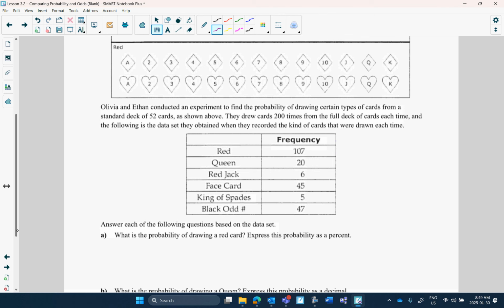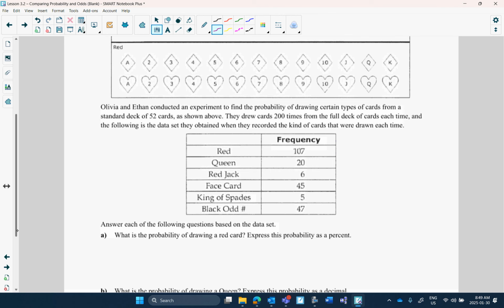So like, let's say you flip a coin 10 times. Probability dictates that I should get 5 heads, right? That's what probability says. But if I actually try to flip 10, am I guaranteed to get 5? No, I might get 6, I might get 3.